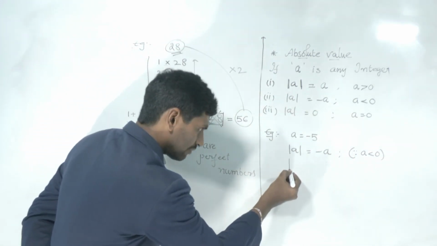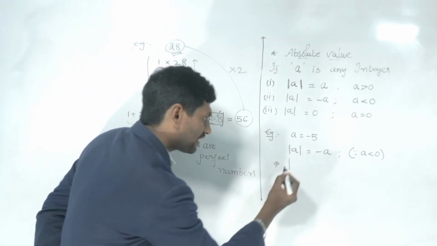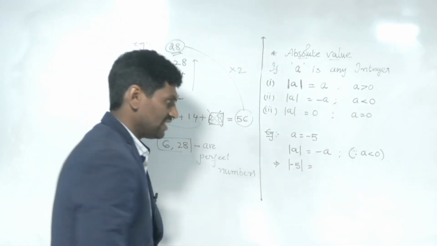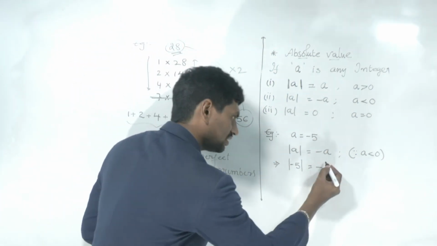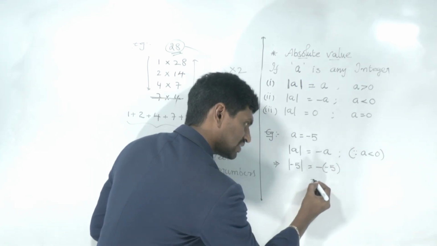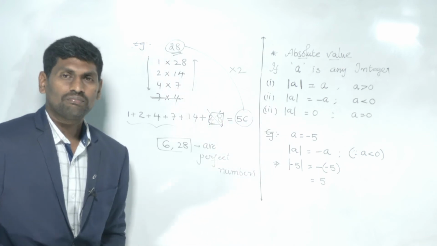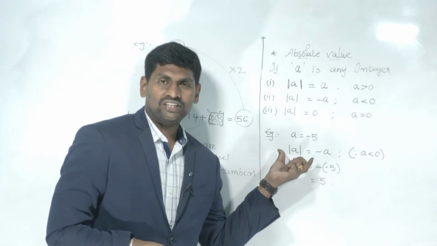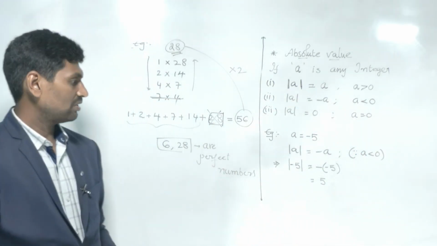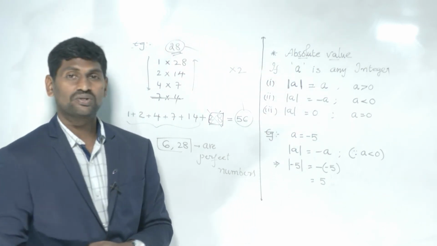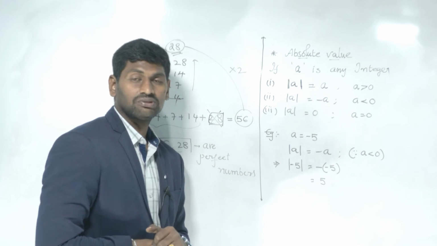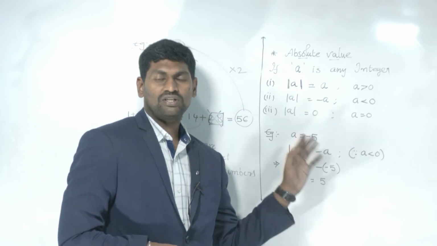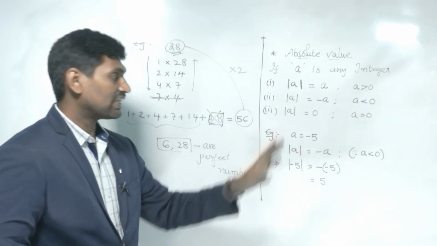Now in the place of a, I am writing minus 5, so the result is minus a, which is minus of minus 5. Minus over minus becomes plus 5. So simply remember that the modulus of any number always gives a positive, except 0, because 0 is neither positive nor negative. So minus 5 becomes 5. You can remember it like that, but the conditions are very important.